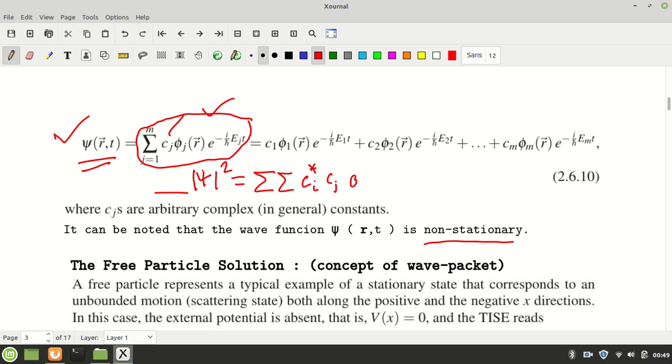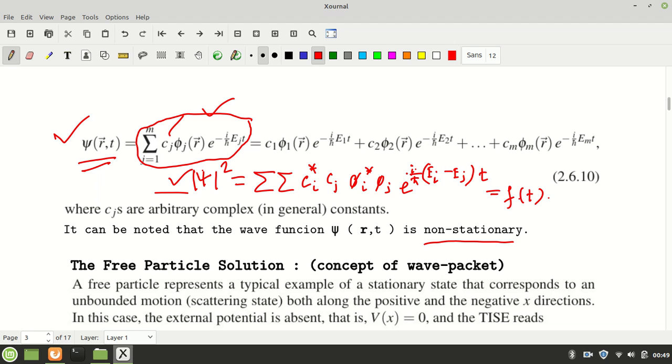So there will be phi_i star and phi_j into e to the power i by h cut (E_i minus E_j) into t. So it is a function of time. So the probability density is a function of time.